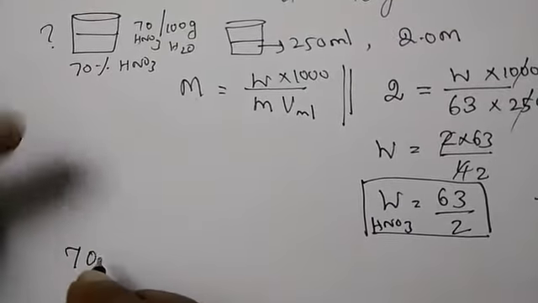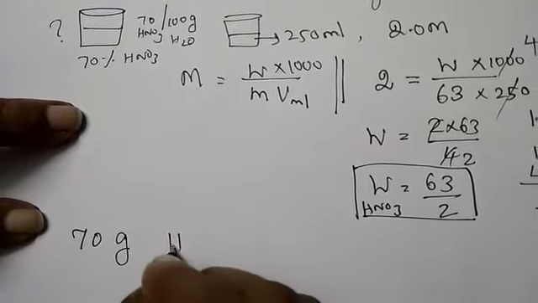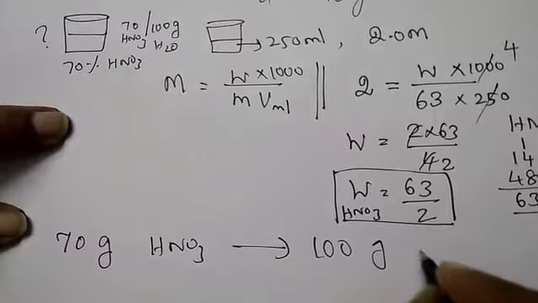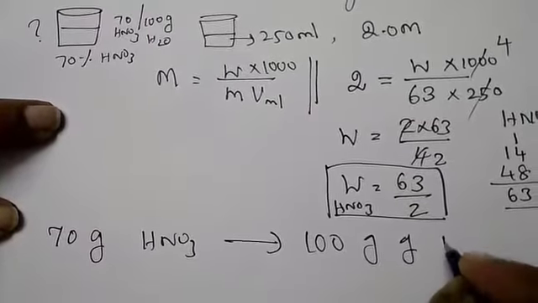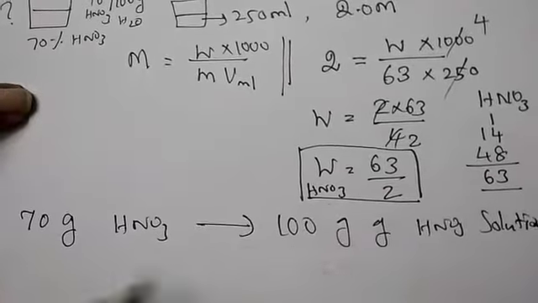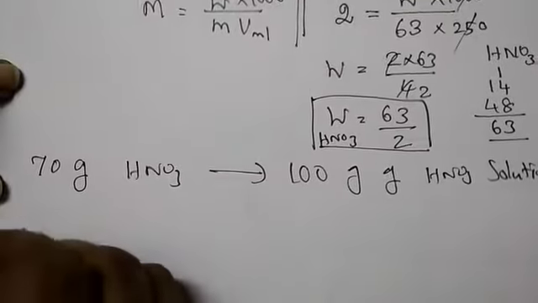70% indicates, as I already told, 70 gram of nitric acid is obtained from 100 gram of the nitric acid solution. That means it is diluted. So 70 gram of nitric acid you can get from 100 gram of the solution.